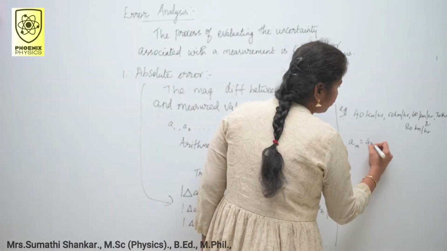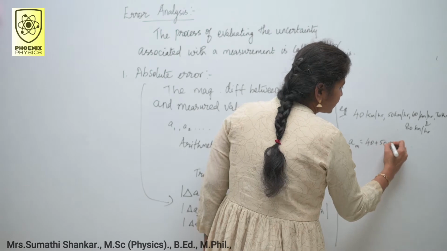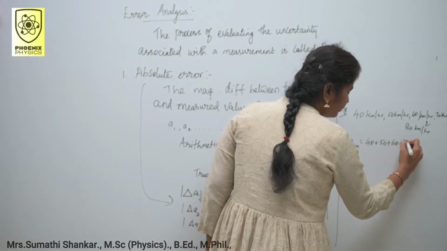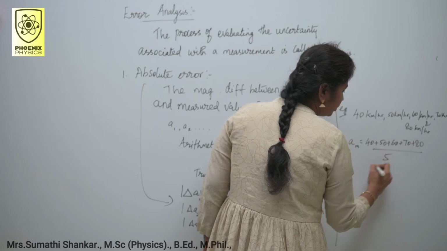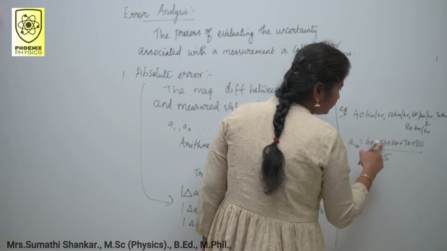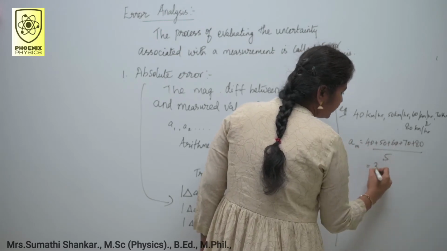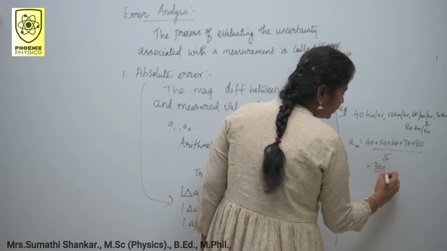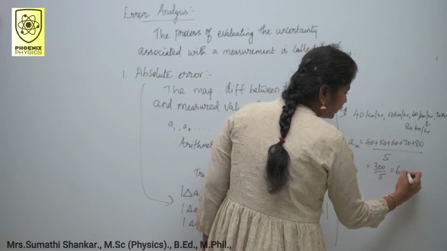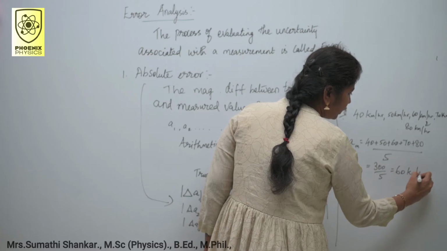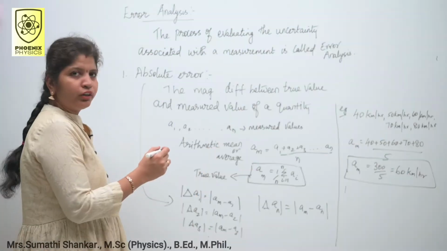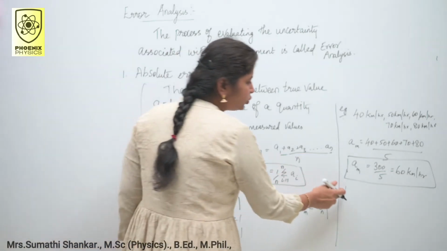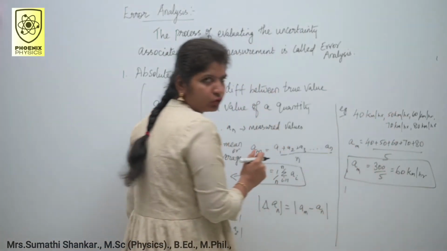So here 40 plus 50 plus 60 plus 70 plus 80 divided by 5. You can get 300 divided by 5. So the final value is 60 kilometer per hour. This is our AM value. So I am going to calculate the absolute error for these values.